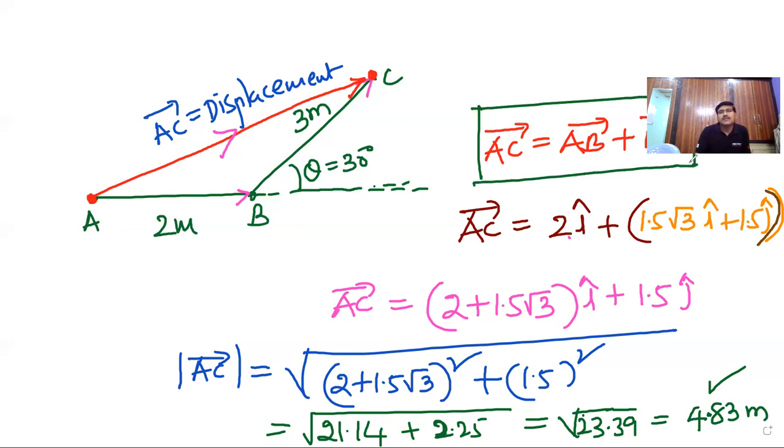This is the simple case. Is it clear? Convert the vectors into vector form each one, then add by means of the triangle. Clear?